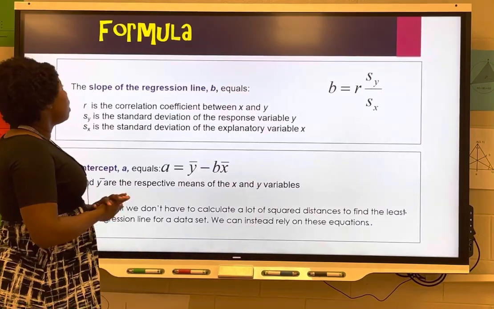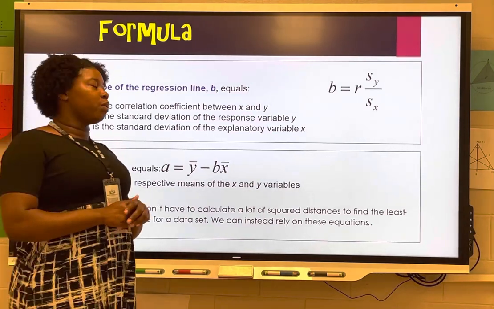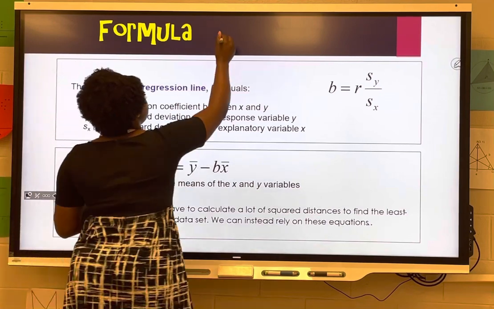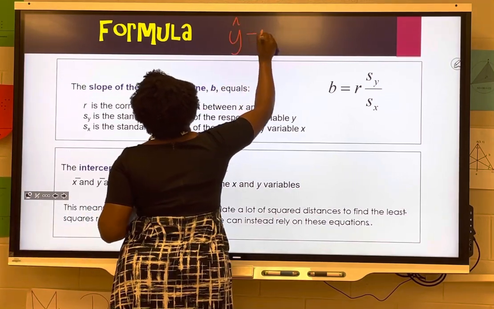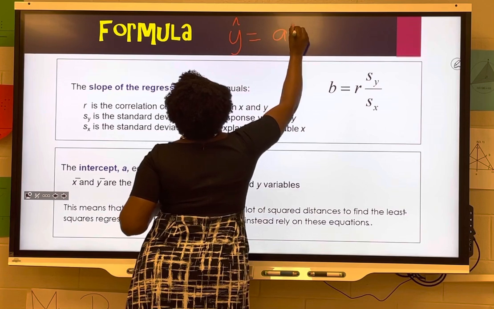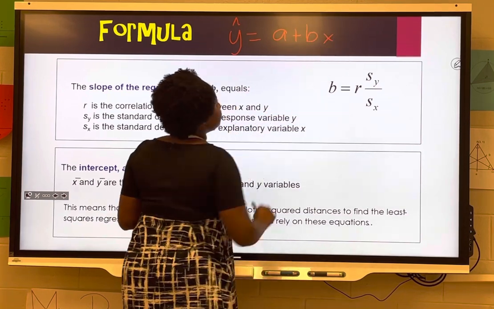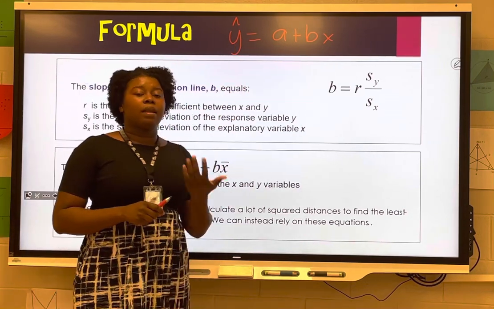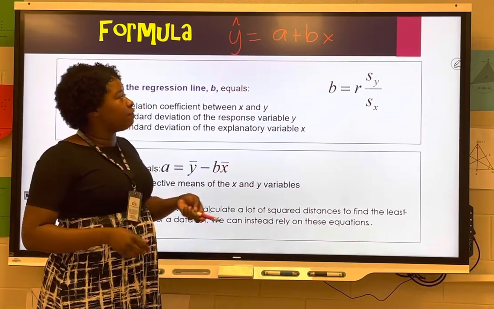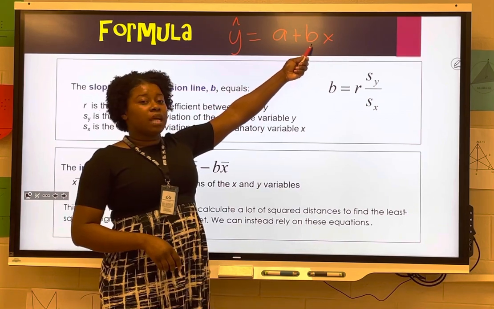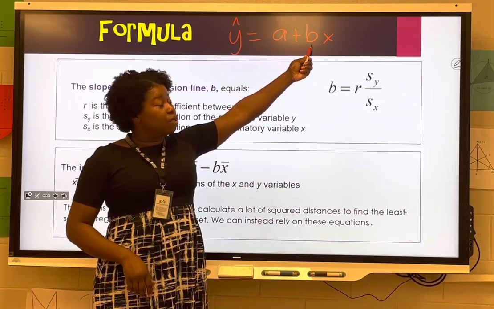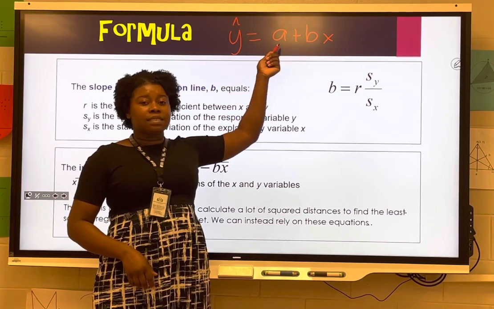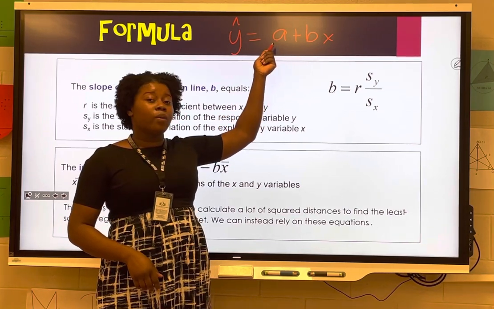Let's move on. Okay, so the formula for your least square regression line is y hat is equal to A plus bx. And I said to you guys before, once you see y equals mx plus b, y equals a plus bx, the coefficient of the x variable, which is the number in front of x, is always your slope, and the number that stands on its own represents your y-intercept.